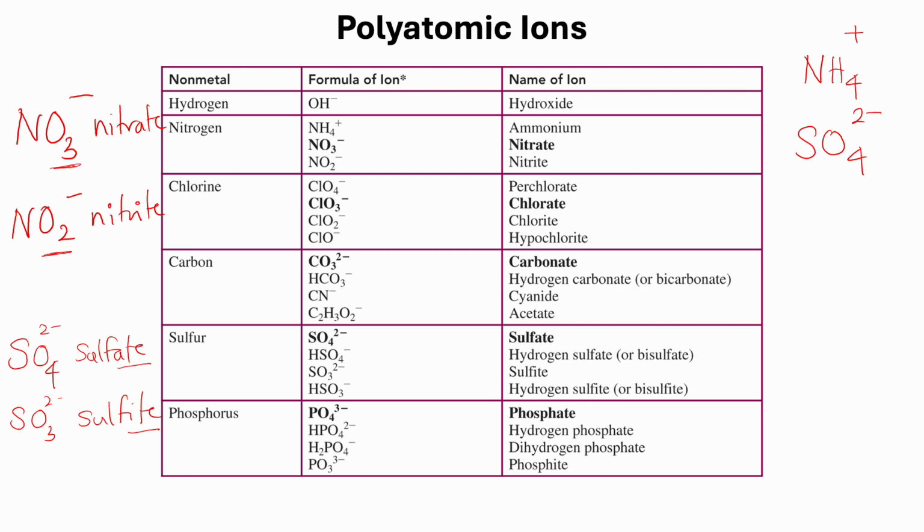It's not the amount of oxygen, but the less oxygen always name ends with ite. Higher number of oxygens in the same category ends with ate. If you want to write chemical formulas correctly, you should study these polyatomic ions. Especially study the most common polyatomic ions like nitrate, chlorate, carbonate, sulfate, phosphate.